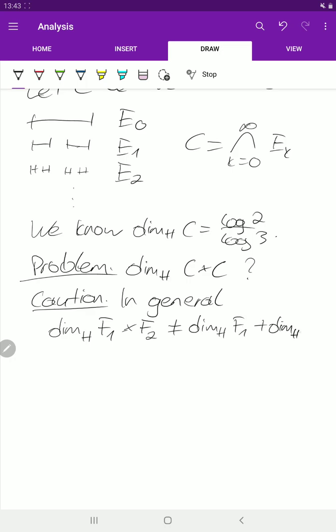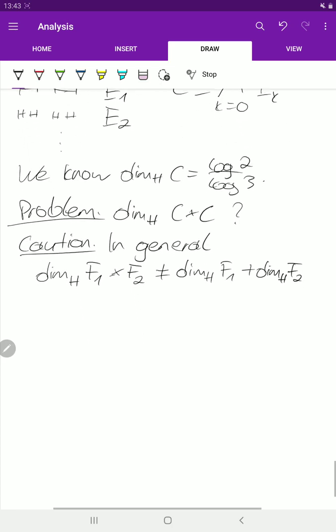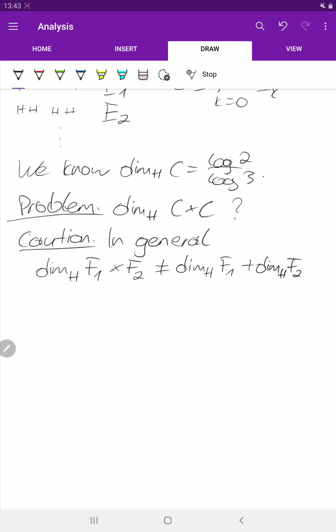But there are some conditions under which it is true. For instance, there are general inequalities. Some of these involve just the Hausdorff dimensions, some involve the Hausdorff and the Minkowski dimensions, and so you can give some conditions when this is true.